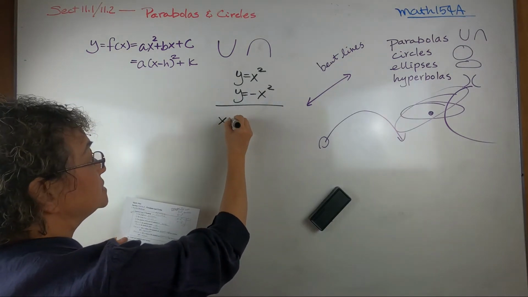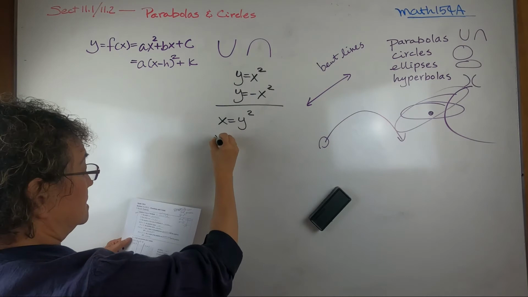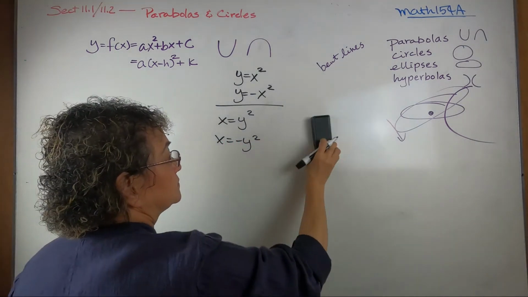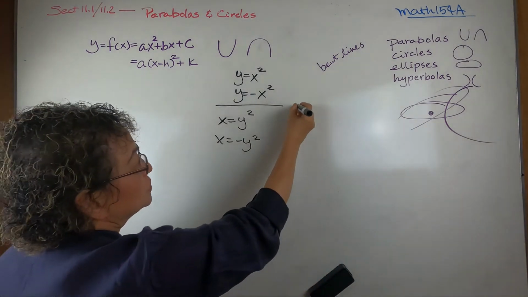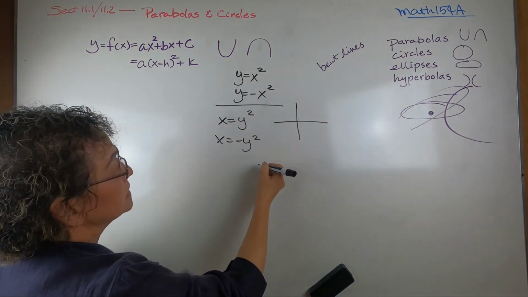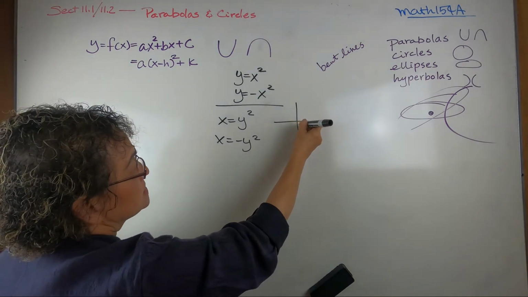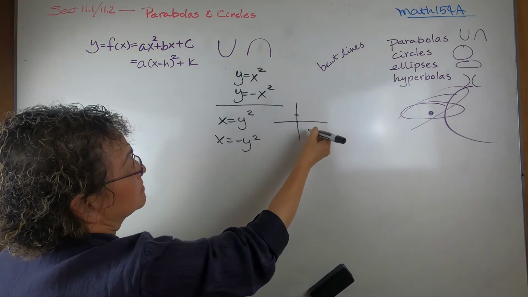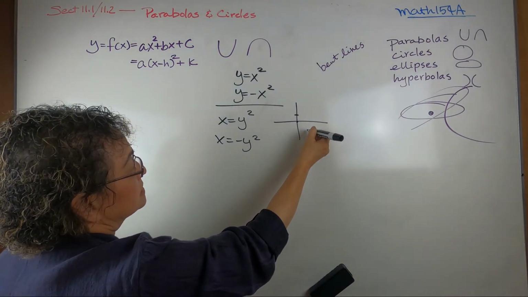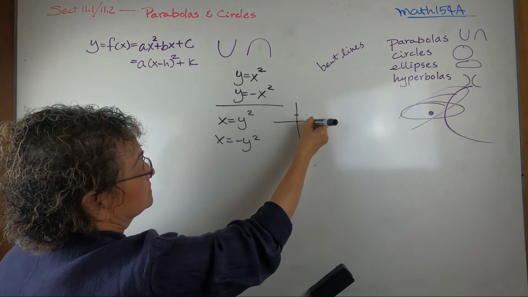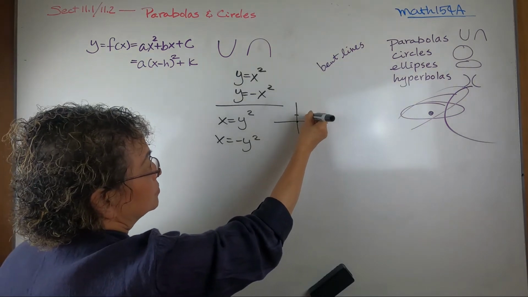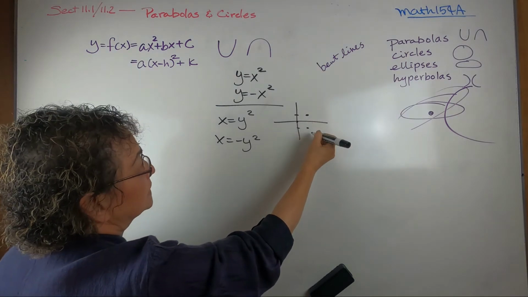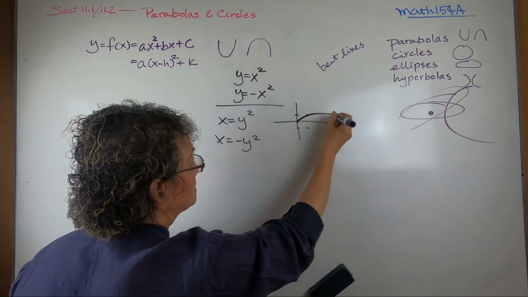However, if we write it this way, x equals negative y squared, what will happen? If you do the t-table, right, then if y is 0, x is 0, y is positive 1, x is 1. Okay, so 1, 1, y is negative 1, x is still positive 1. So you do your t-table, you end up with this.